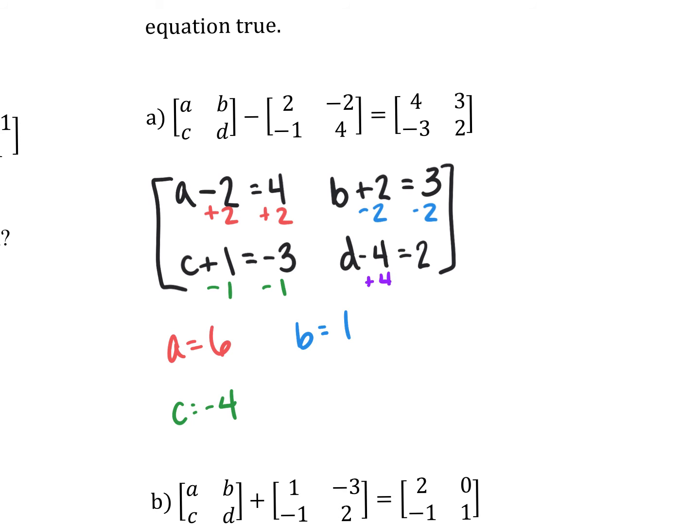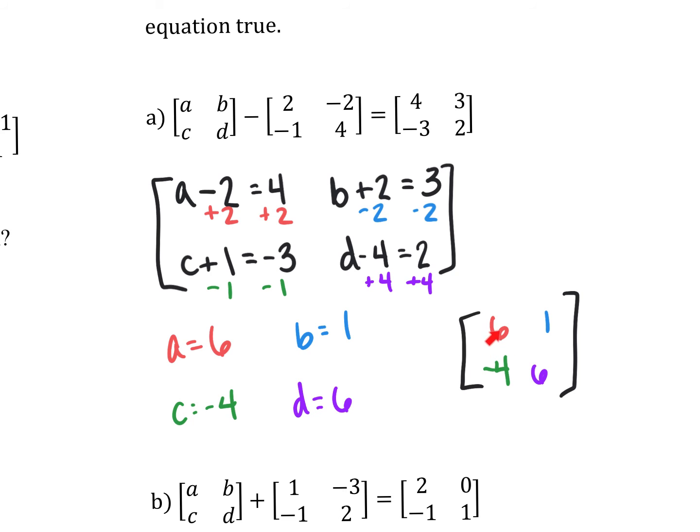D, add 4 to both sides. D is equal to 6. So the original matrix should have been 6, 1, negative 4, and 6. You can verify it by going back and doing it again now.